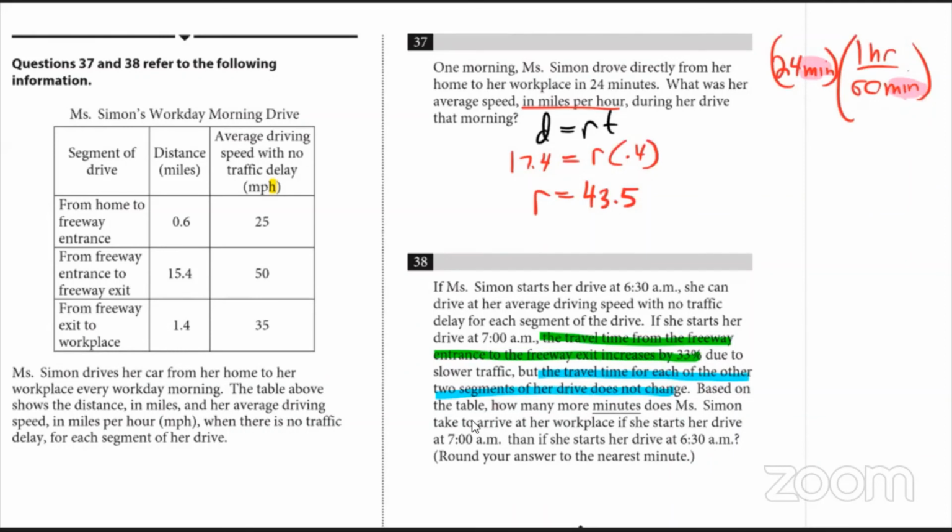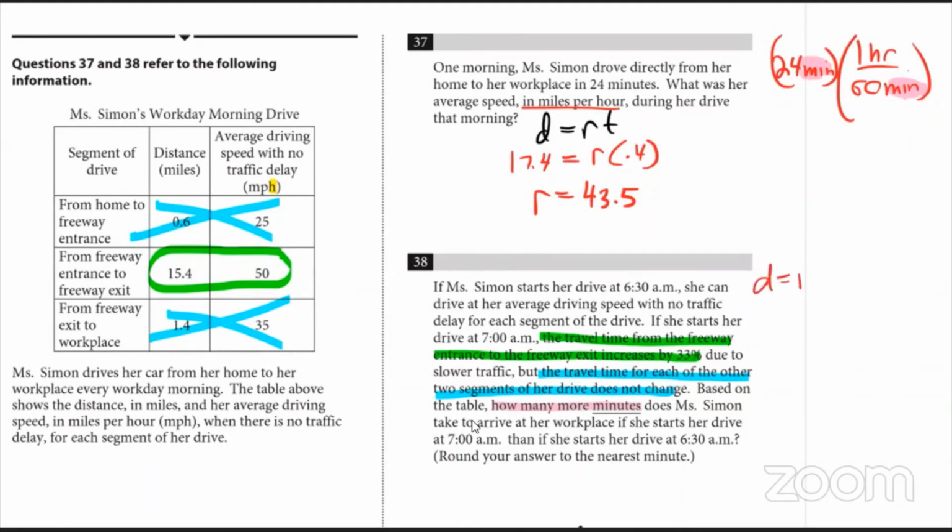So if we want to know how many more minutes this is taking, the other two are not going to change. So we've got from the freeway entrance to the exit, which is this part right here that's changing, but this part is not changing and this part is not changing. So whatever the amount of minutes was going to be for those two blue segments, it's going to stay the same and it's not going to play any role in the change. So we can kind of just compare only for the green part.